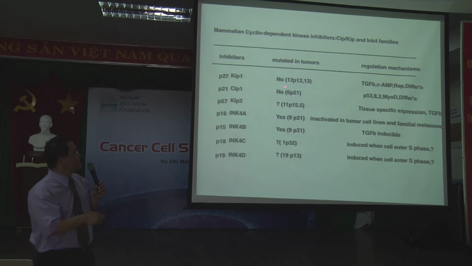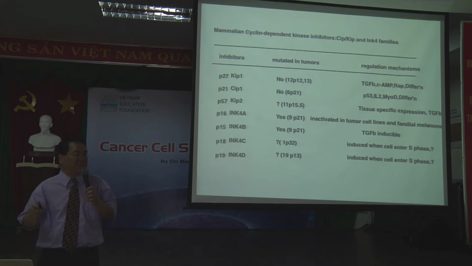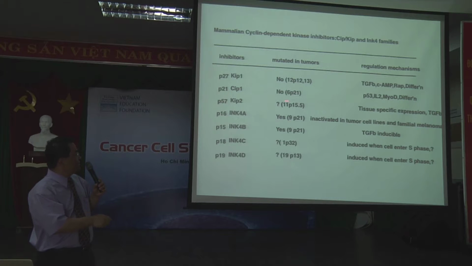For example, P27 is mapped to chromosome 12, the P arm. P21 is at 6 P21, and this one is at 11 P15.5. P16 and P15 have also been mapped. This is the chromosome location: 1 P32 for P18, and 19 P13 for P19.